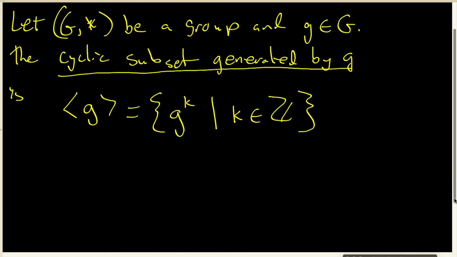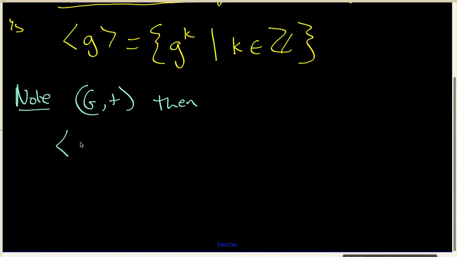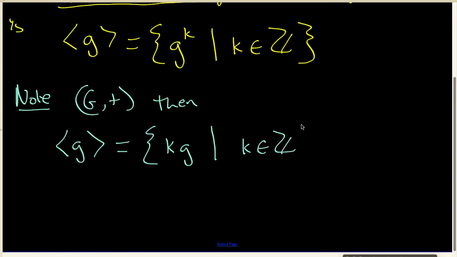I do want to look at what this looks like in additive groups as well. So it's important to note that if my group is written additively, then the cyclic subset generated by g is going to be the set of multiples of g, where k is pulled from the integers.